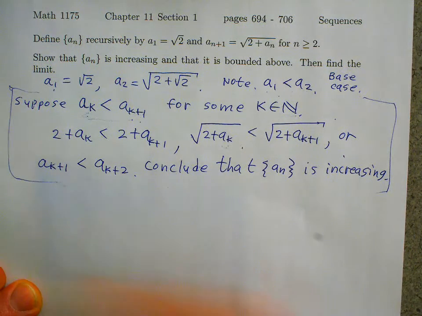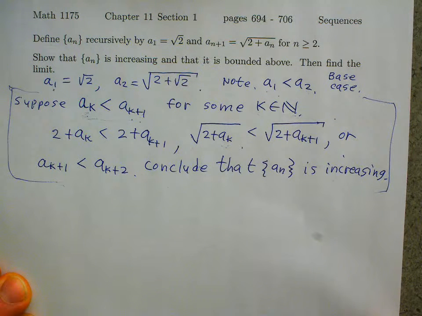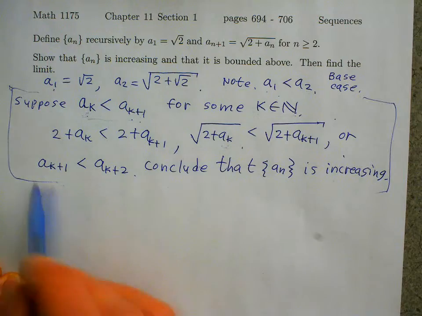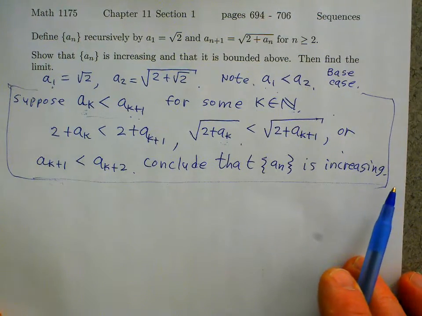And this then shows that a sub 3 is less than a sub 4, and a sub 4 is less than a sub 5, and so on. So like I said, it's a subtle type of thing. But for now, we'll just keep going.